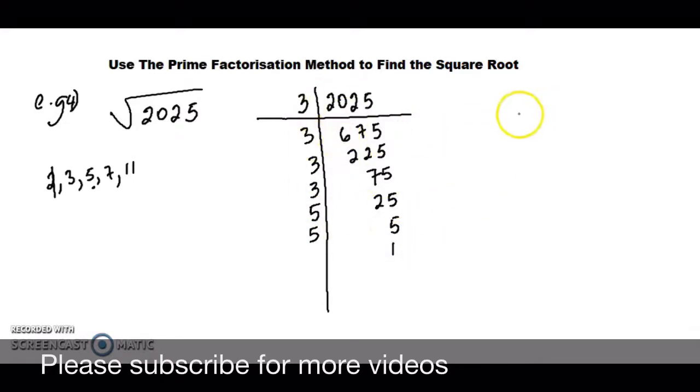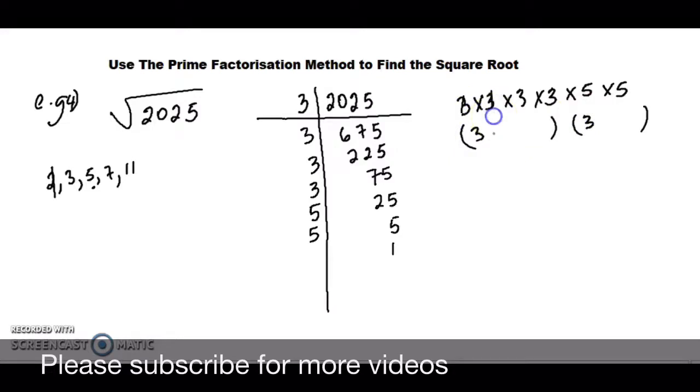So we're just going to write out our prime factors: 3 times 3 times 3 times 3 times 5 times 5. It's very good for you to count them if you're not sure. After doing that, we're going to get our brackets and separate them: 3 here, 3 here, times 3, times 5.